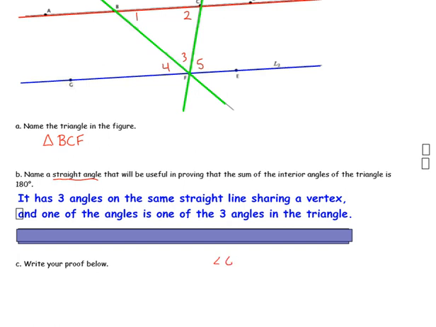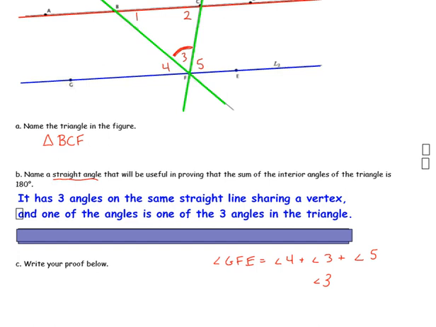Angle GFE is equal to angle 4 plus angle 3 plus angle 5. And that is just the definition of a straight line having 180 degrees. Then I want to look for angle relationships. I know that angle 3 is going to remain in my equation because it is one of the 3 angles of the triangle. But I also need to include angle 2 and angle 1.